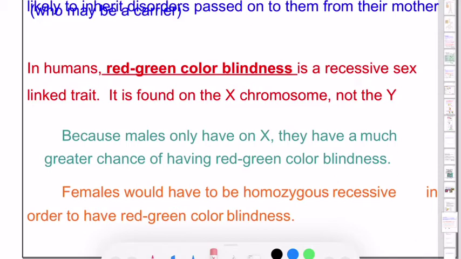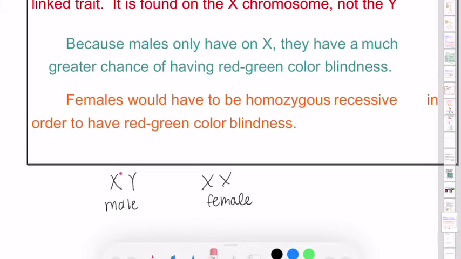I showed you on the bottom here, a male has an XY, and a female is XX. So if that male has, I put a little dot there to show that's a disorder. If the female had a dot, well, they've still got one good X there, so that will override and they'll be fine.